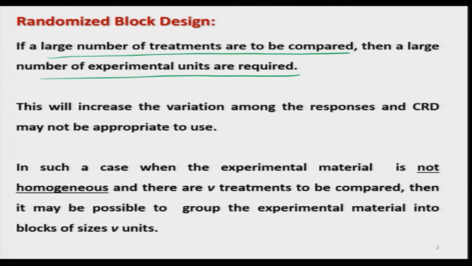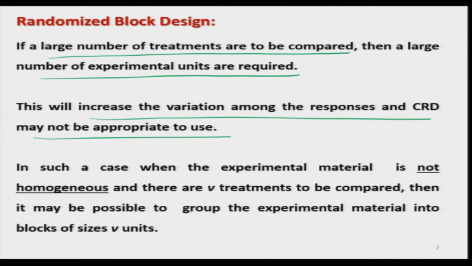So, definitely this is going to increase the variation among the outcome responses, and in that case the setup of completely randomized design may not be appropriate to use. That may not give you a good outcome in terms of efficiency. Well, one can use it, but it is not going to give us an efficient statistical inference.